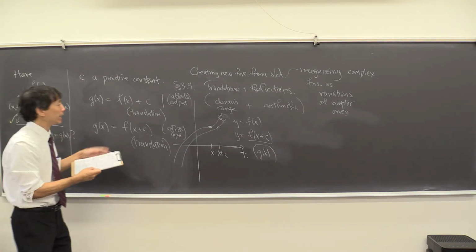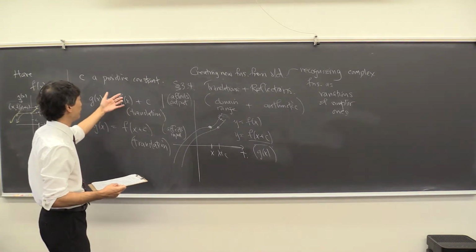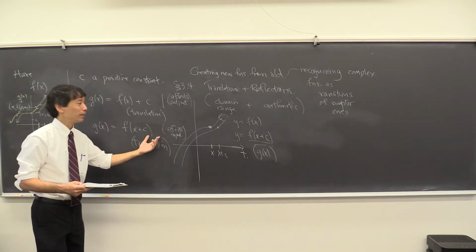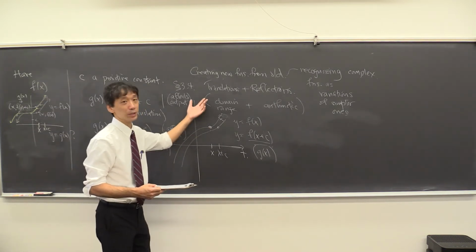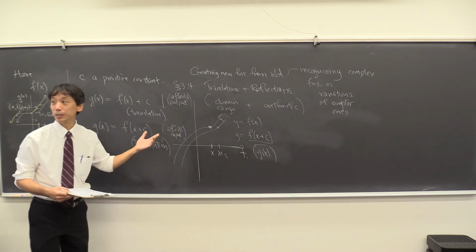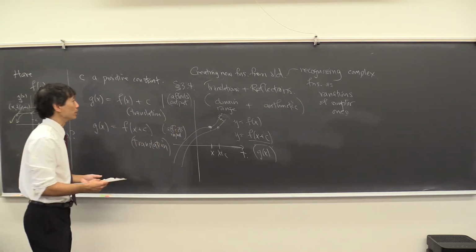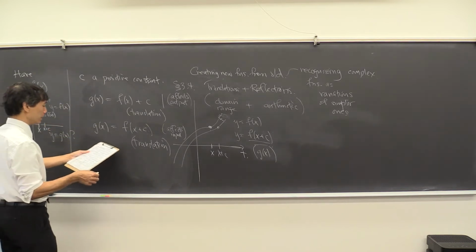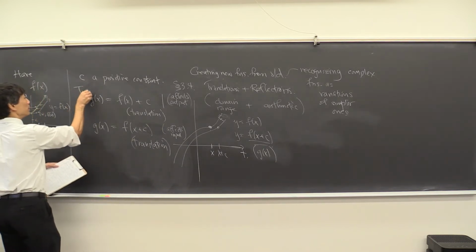You can combine these things, right? You could have, say, f of x plus c plus c, and that would shift it backwards and then shift it up. That would also be called a translation. So that's a particular class of transformation called a translation.